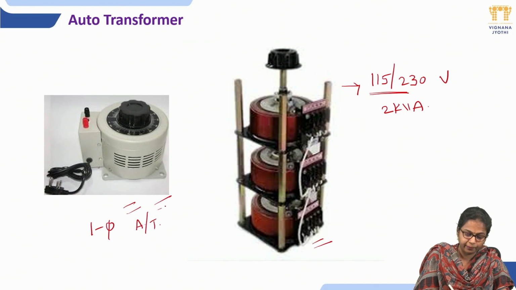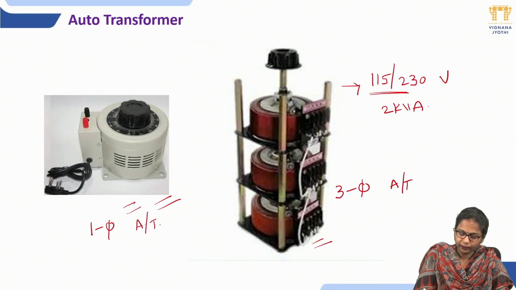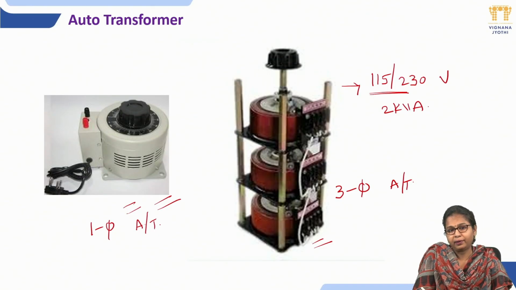So we use this kind of single phase auto transformer, and this is the three-phase auto transformer for regulating voltage, especially in our machines laboratory while conducting the brake test on a three-phase induction motor.